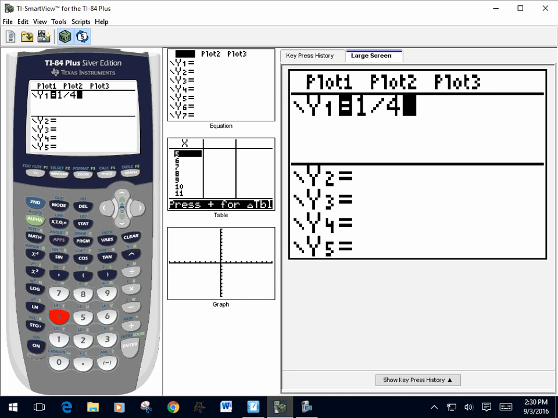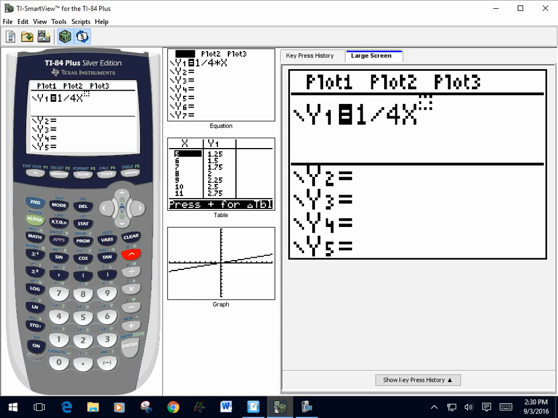And then x, and it kind of looks like maybe you're thinking that x is in the denominator. The calculator, though, treats that as a times x. So it would be okay to have the x right next to it. Okay, 1/4 x to the power 8.